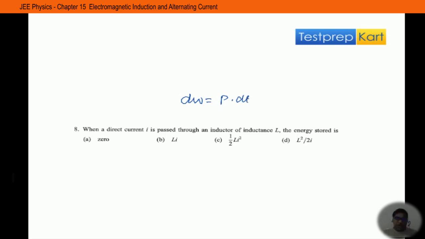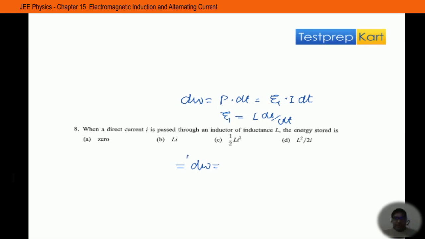And in terms of EMF and current, power can be written as E into I into dt. Okay, and EMF can be written as minus L di over dt, but here we are taking the magnitude, so EMF is L di over dt.